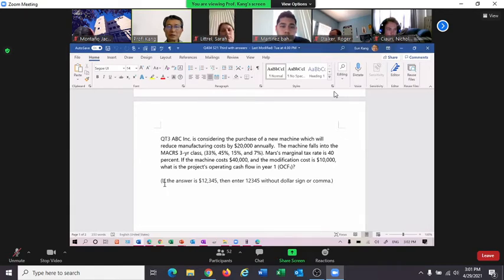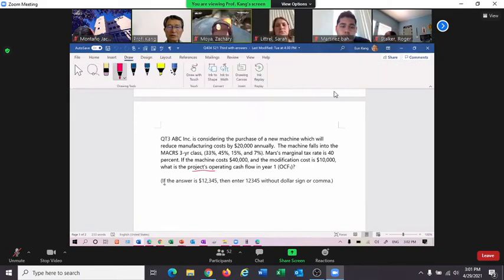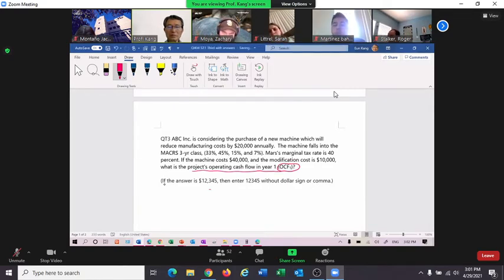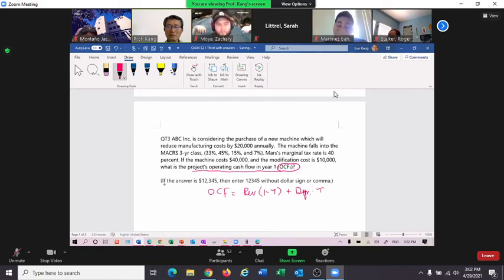But you know, it only asks for the project's operating cash flow, OCF. OCF is revenue times 1 minus T plus depreciation times T. So which will reduce manufacturing costs by 20,000.